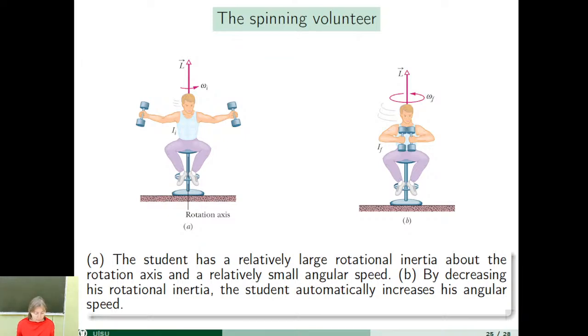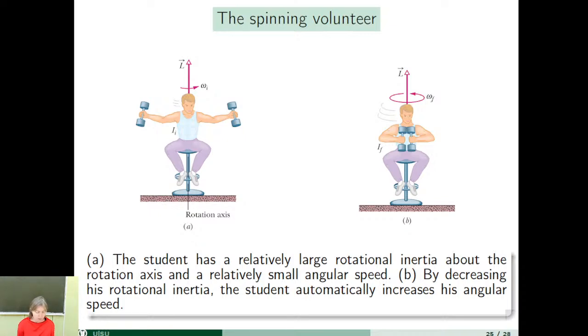Look here, his angular momentum vector L and the initial angular velocity. L lies along the vertical rotational axis, pointing upward.